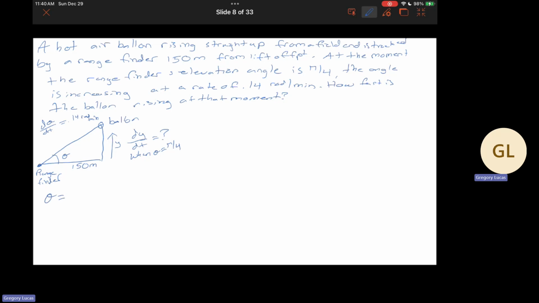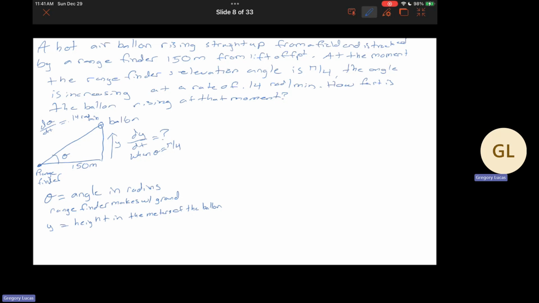So theta equals the angle in radians, the angle the rangefinder makes with the ground. So we say y is the height in meters of the balloon.